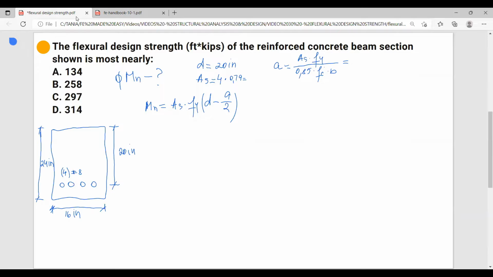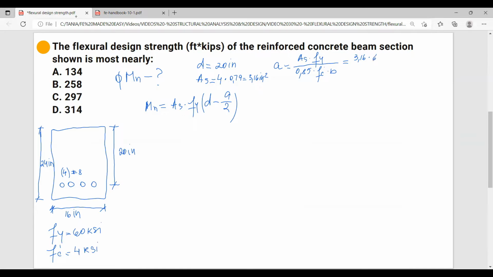So 4 times 0.79 equals 3.16 inches squared. Now here we add this 3.16 inches squared. Fy, I forgot to write it here, is given as 60 ksi and fc prime is given as 4 ksi.